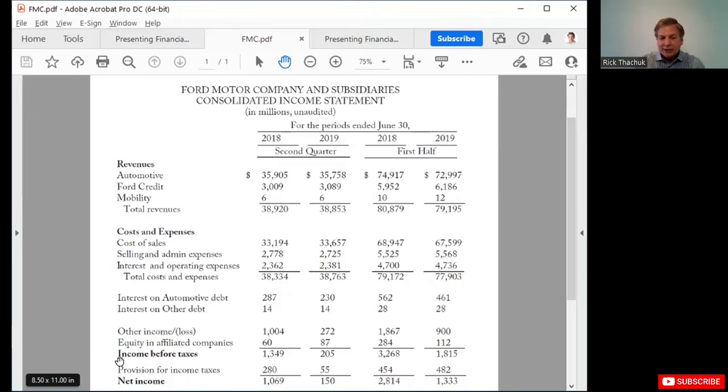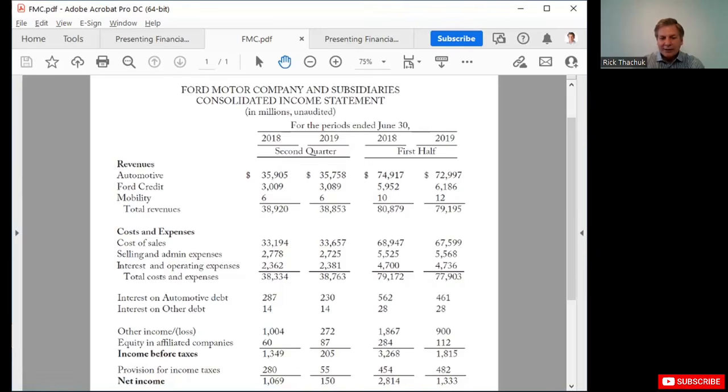So you should have said income before taxes at Ford Motor Company and subsidiaries was 205 million US dollars in the second quarter of 2019. And finally, can you present net income? Well, net income as well, that is singular. So you should have said net income at Ford Motor Company and subsidiaries was 150 million US dollars in the second quarter of 2019.